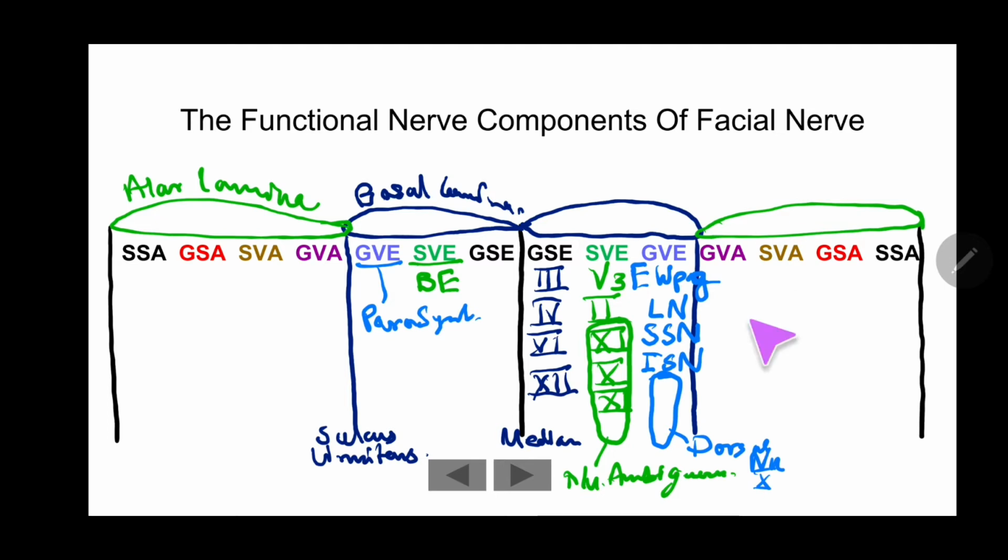Then talking about now the afferents. In the afferent functional column, you have general visceral afferent and special visceral afferent. So general visceral afferent brings the pain, temperature, pressure, touch sensations from the viscera, and this one, special visceral afferent, brings the gustatory sensations, the taste sensations.